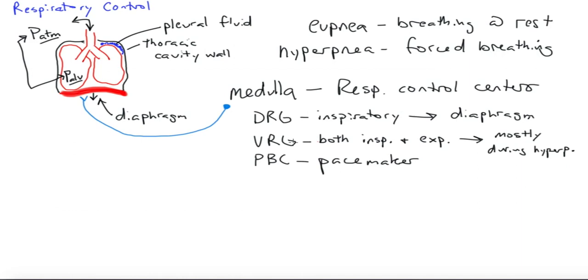We can alter the rate or the strength of the thoracic wall muscular changes to change the volume that we're moving, right? We can both breathe faster and we can move more air with each breath, but we need to know when that needs to occur, right? And so we need to have input here, and that input falls largely in two categories.